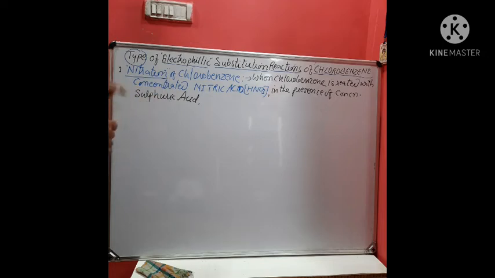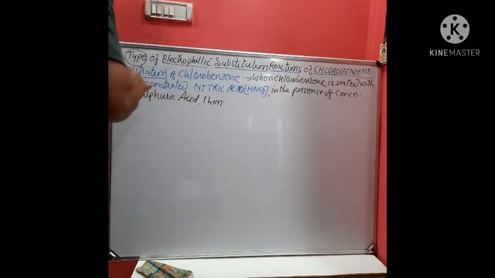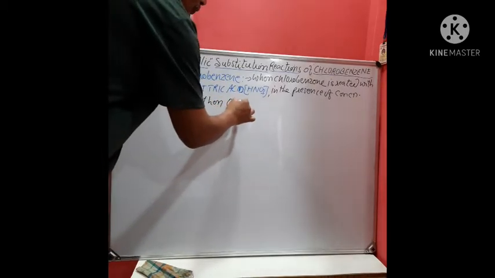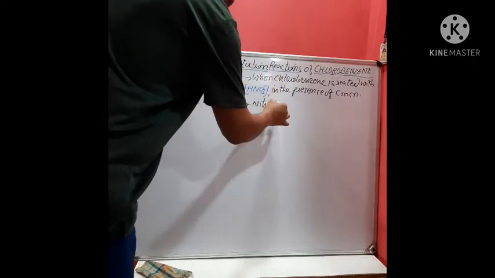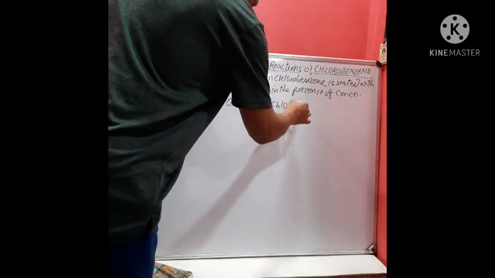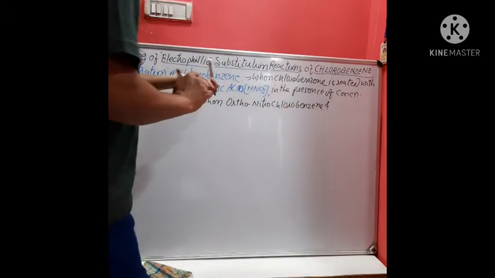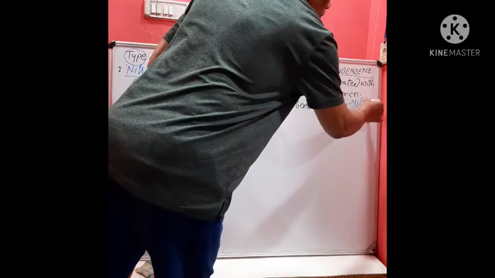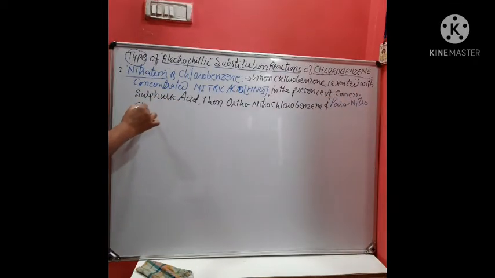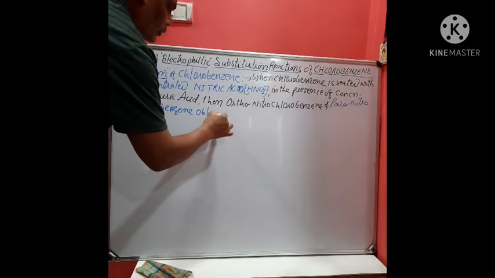In the presence of concentrated sulfuric acid, then ortho nitrochlorobenzene and one more, para nitrochlorobenzene, are obtained.